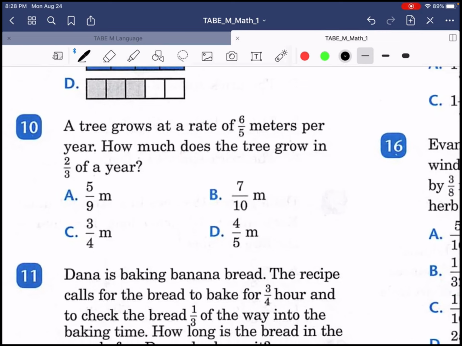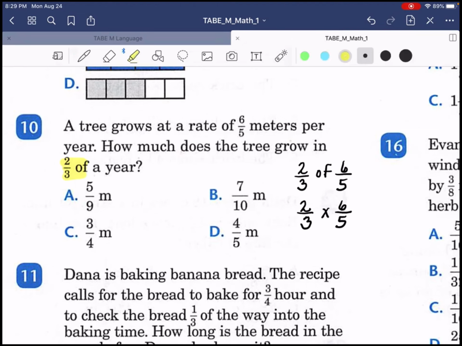Number 10. A tree grows at a rate of 6/5 meters per year. How much does the tree grow in 2/3 of a year? So there's that clue to multiply. 2/3 times 6/5 is the same as 2/3 of 6/5. So we're going to set up multiplying.